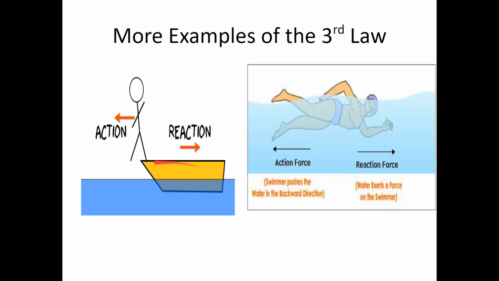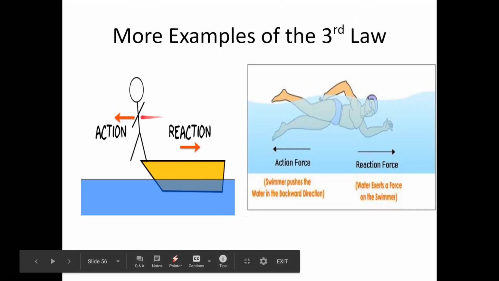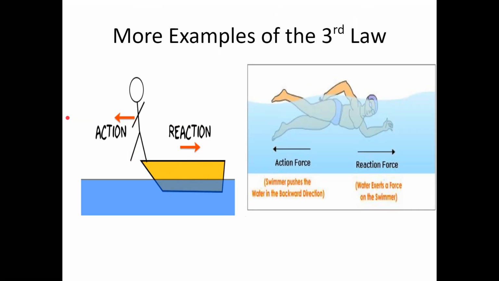You're pulling up close to shore and you're ready to step off the boat and onto the ground. Well, if you're still a little bit of ways away from the ground and the boat is still floating, what happens as you try and take that first step? You are trying to go forwards, but when you do that, it causes the boat to go backwards.